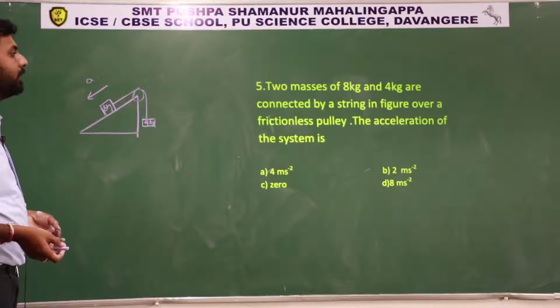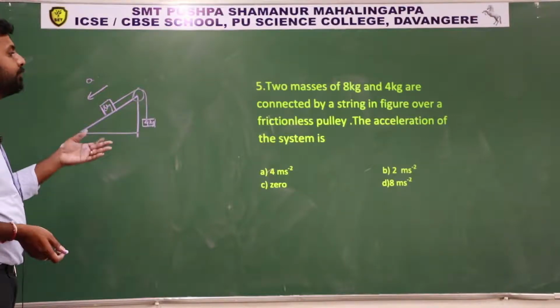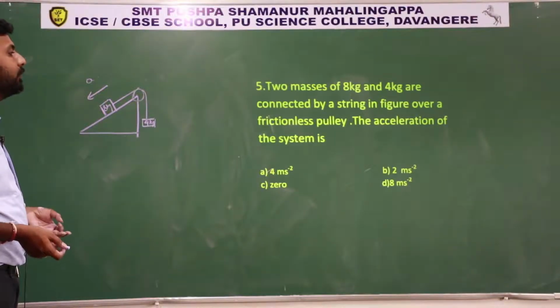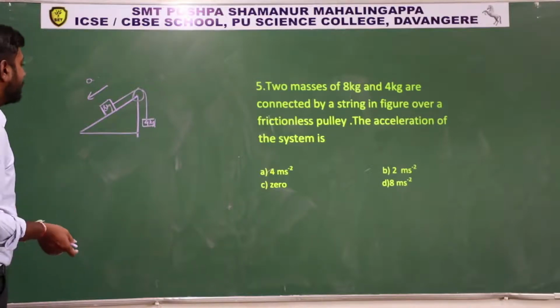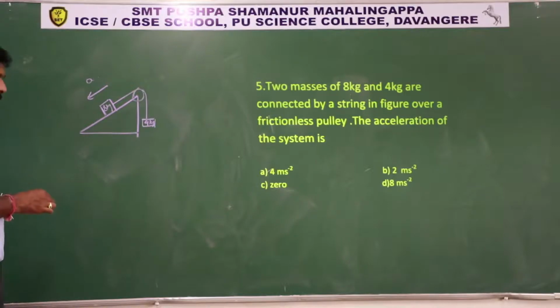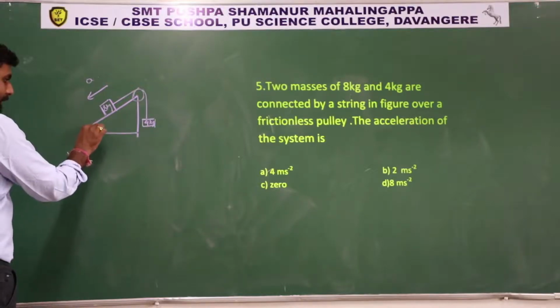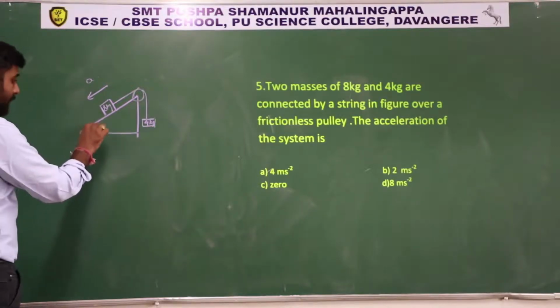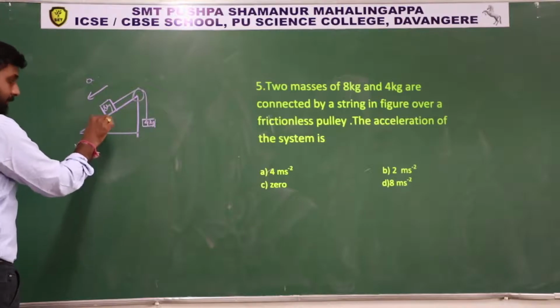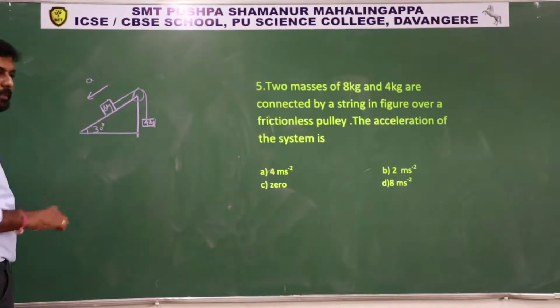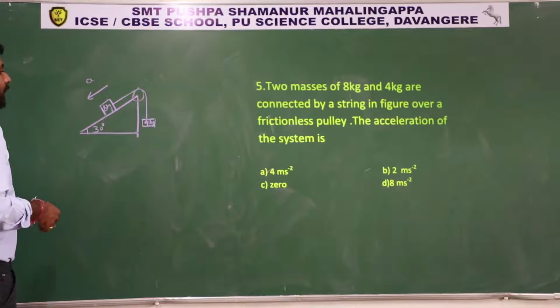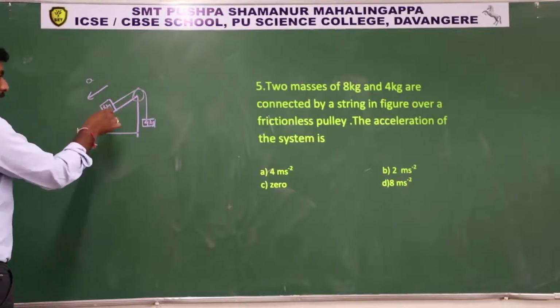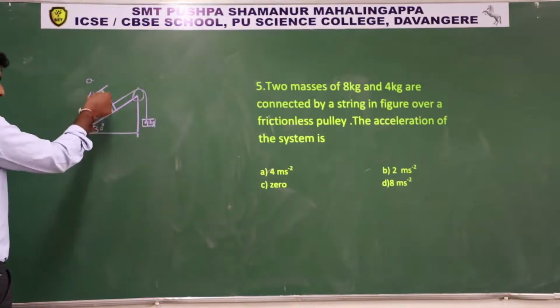Two masses of 8 kg and 4 kg connected by a string over a frictionless pulley, the acceleration of the system. In this case, if you consider this angle is 30, let us say this is also given in the question. Then I will not resolve all the forces.